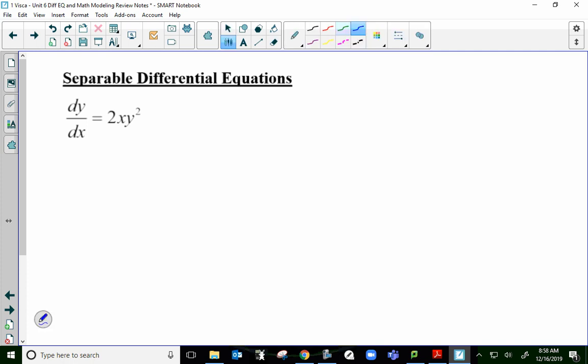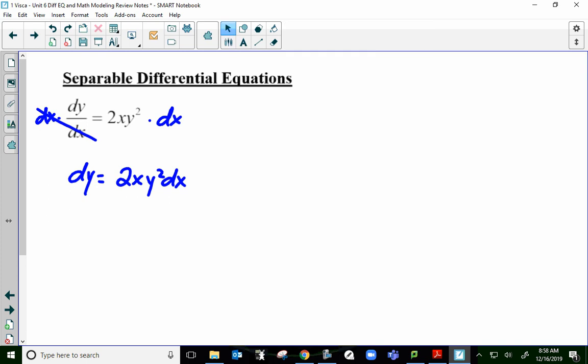What I will do is multiply this side by dx, one step at a time. I could do multiple steps at once. So this goes bye-bye, and I have dy equals 2xy squared dx. Now, I want to get rid of that y squared because it does not belong. I have 2x dx, which is good, but the y squared, not so much.